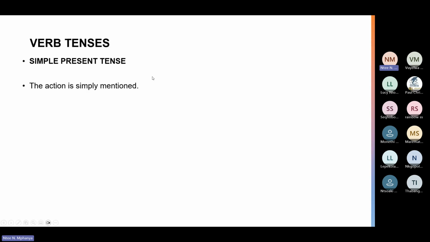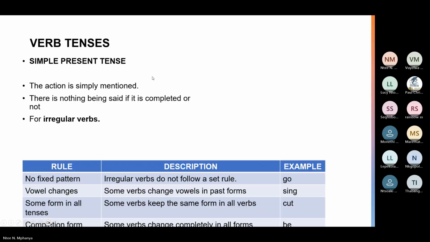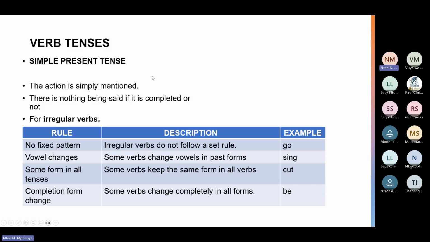Then let's look at simple present tense when we use irregular verbs. Again, we have 4 rules here. Rule number 1, there is no fixed pattern. Irregular verbs that do not follow a certain rule, like go. Then we have vowel changes.